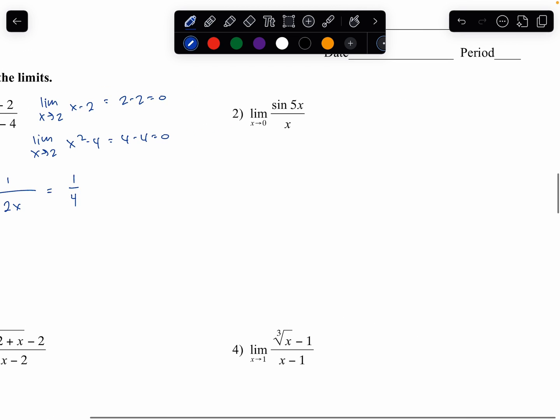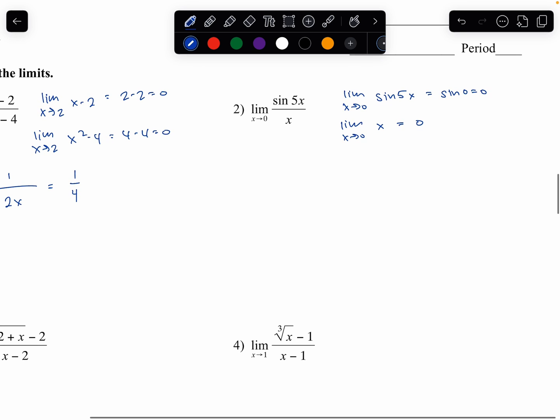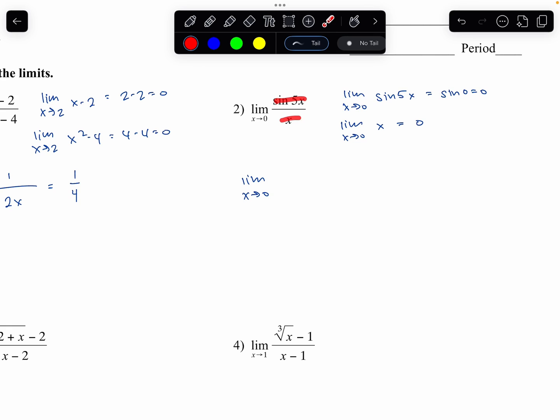So for this next one right here, again, we have the limit as x approaches 0. Let's evaluate the limit of the numerator. That's going to be equal to sine of 0, which is equal to 0. And we'll evaluate the limit of the denominator, which is going to be 0. And I have an indeterminate form, which means I can use the limit as x approaches 0 of the derivatives of the top and bottom.